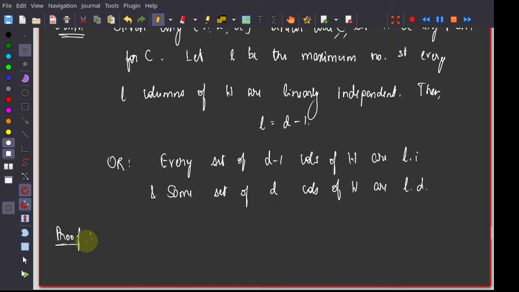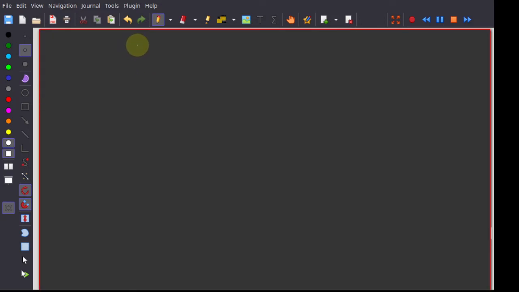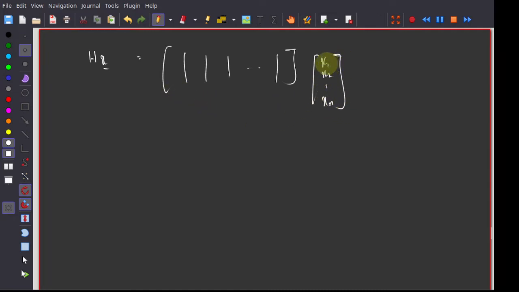So basically, whenever I take H times x, this is x1 times the first column plus x2 times the second column plus x3 times the third column and so on.